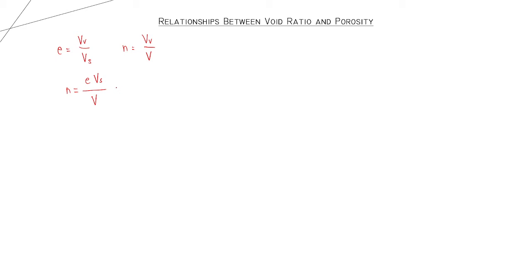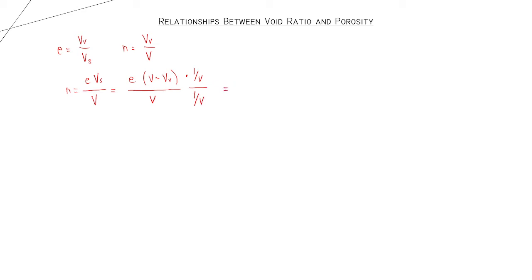And previously, we also know that we can write Vs as the difference of the total volume minus the volume of voids all over the total volume. And to simplify this equation, we will simply multiply 1 over the total volume over 1 over the total volume.